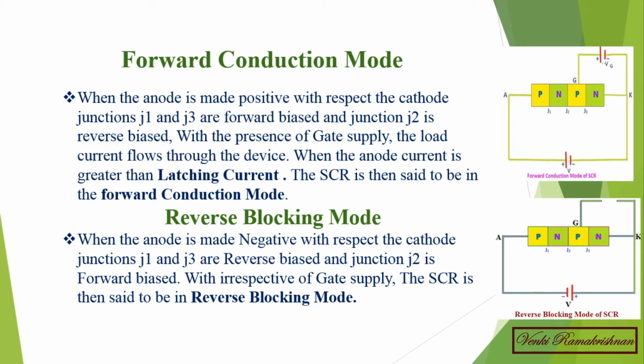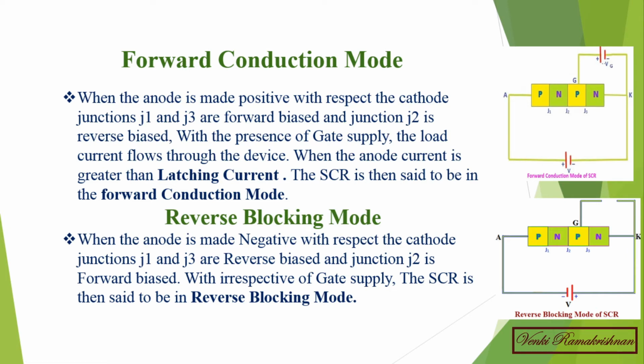Now the load current flows through the device because gate supply vanishes the depletion region in the junction J2 and starts conduction, provided anode current, that is load current, should be greater than the latching current. In upcoming slides, we will discuss what is meant by latching current.